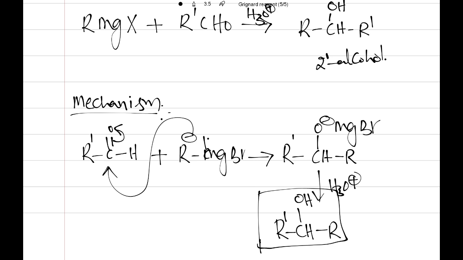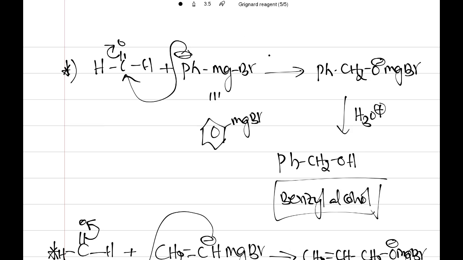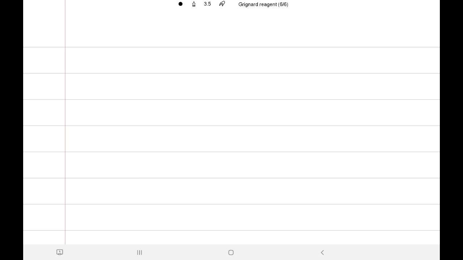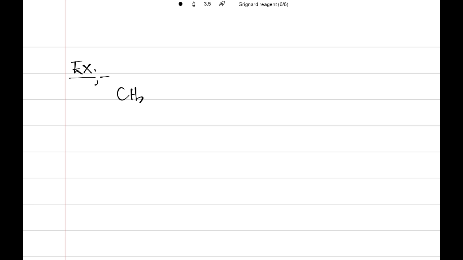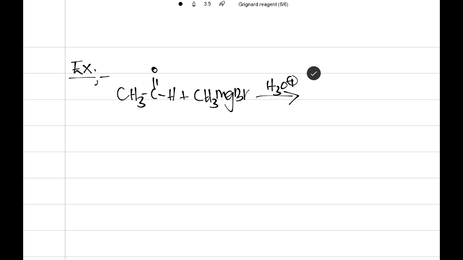Okay, right. Let's see some examples of an aldehyde with a Grignard reagent. I am taking the simplest aldehyde other than formaldehyde, so CH3CHO. When this reacts with CH3MgBr and then hydrolysis, what can we get?